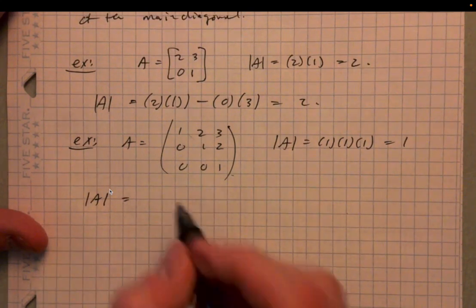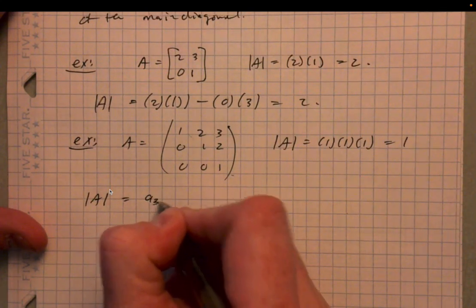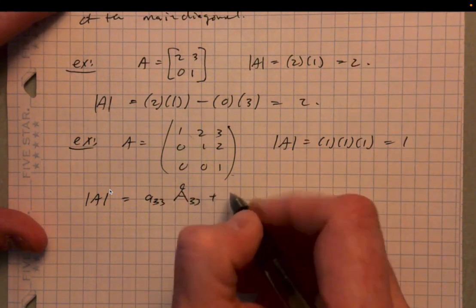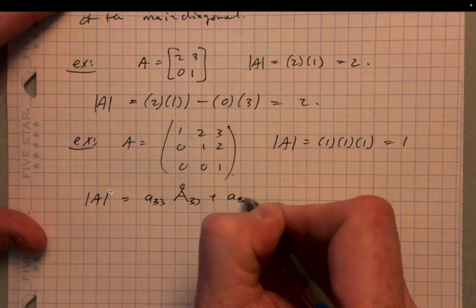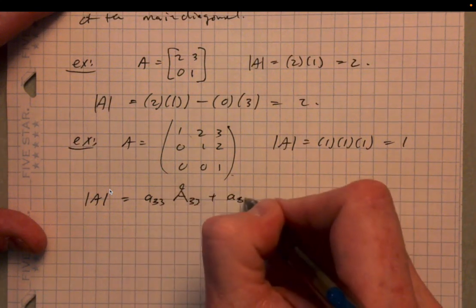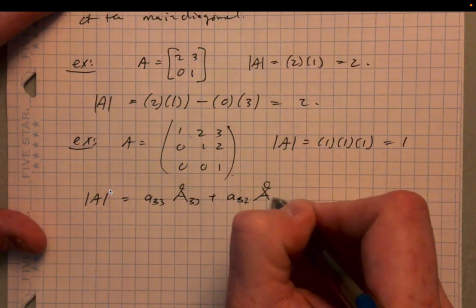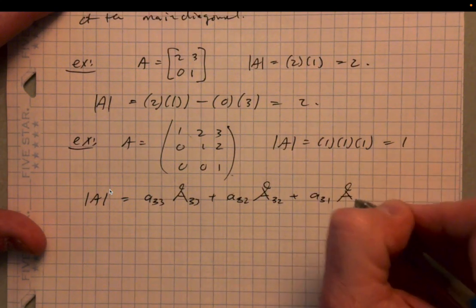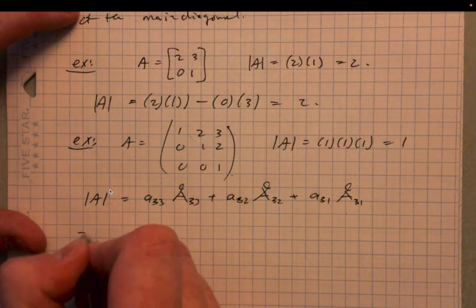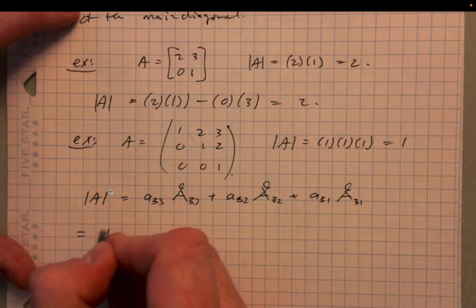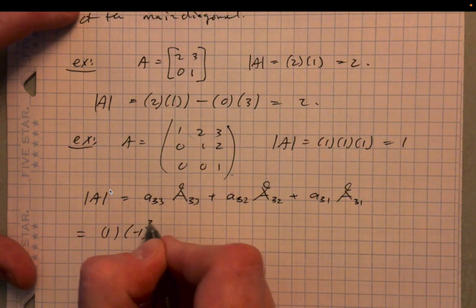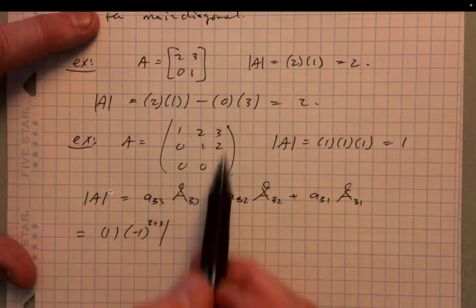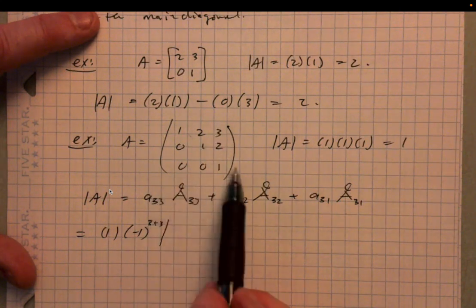Recall that that's going to be A33 times script A33, plus A32 times script A32, plus A31 times script A31. A33 is 1, and then it's (-1) to the 3 plus 3 power times the submatrix you get when you remove the third row and third column.